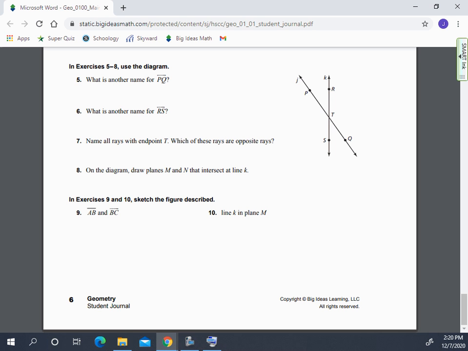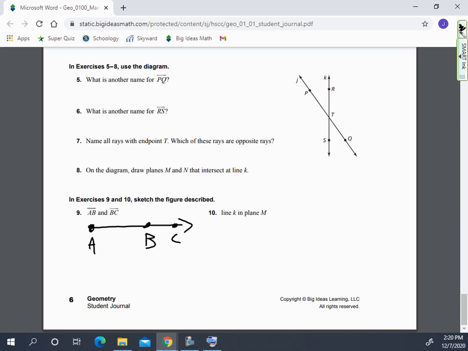So all we have to do is sketch segment AB and ray BC. We have segment AB, but there's a ray going from B to C. There you go. That's how we can sketch that figure.